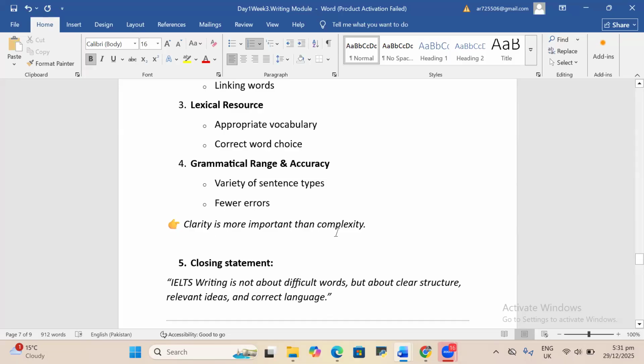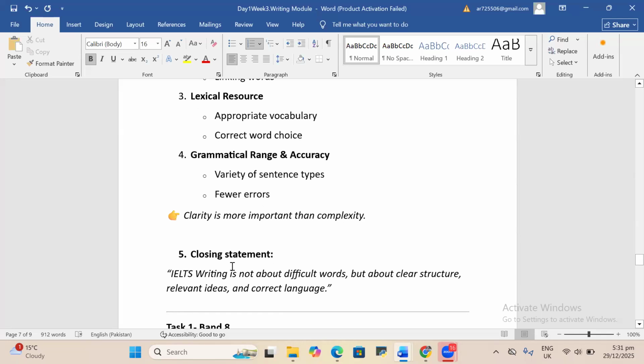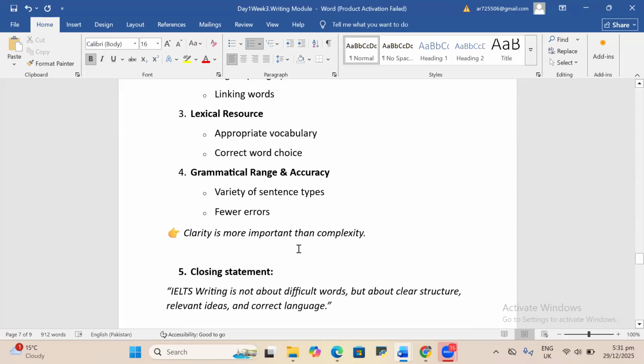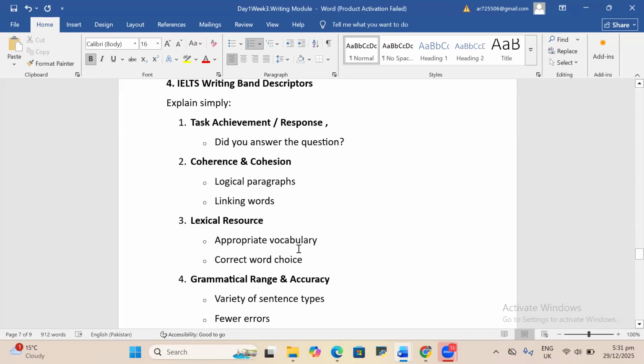Clarity is more important than complexity. Okay, you should understand this point, otherwise it can create problems for you. In closing, IELTS writing is not about difficult words, but about clear structure, relevant ideas, and correct language. So if students have any question relevant to our discussion, you can ask, then we will move further.